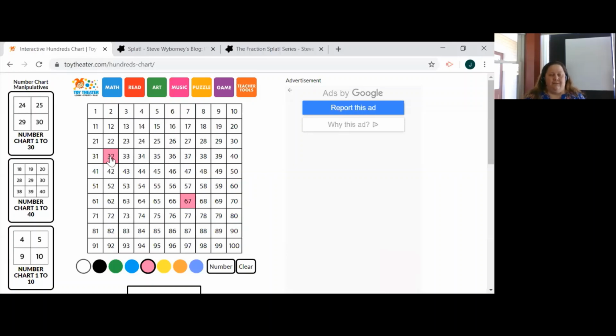And that's my difference. Now, a student may also count up to find the difference. They might start at 32 and count 10, 20, 30, 31, 32, 33, 34, 35.